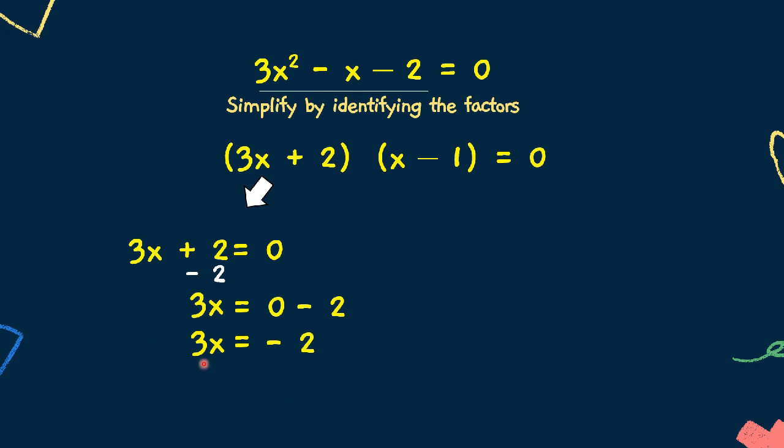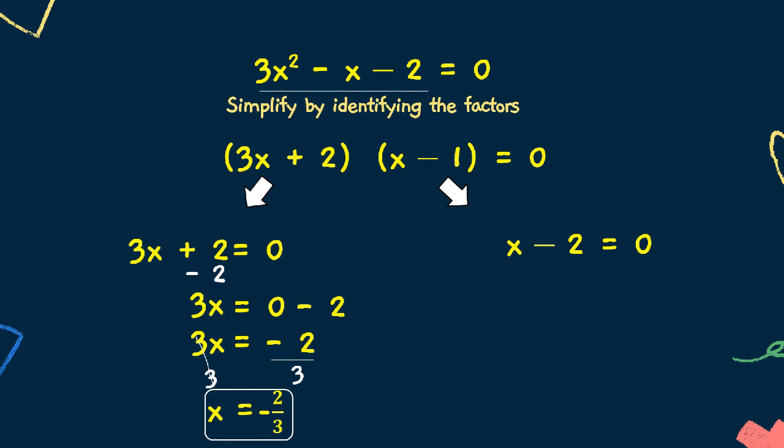Again, we need to find the value of x, so we need to eliminate the 3 that goes with x. To eliminate 3, we divide by 3 so that we can cancel 3. The remaining is x. If we divide by 3 on the left side, we also divide by 3 on the right side. So the value of x is negative 2/3.